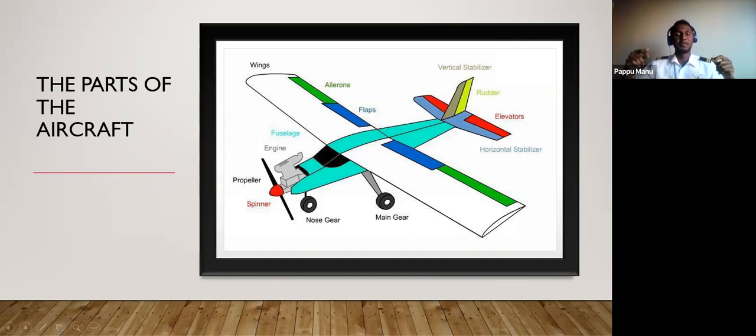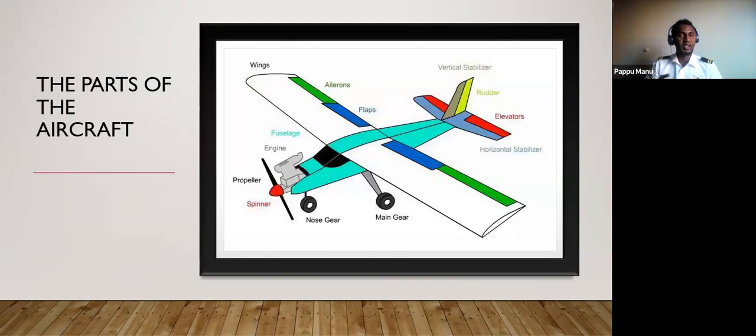After your flaps, you have your elevator and your rudder behind, and you have your horizontal stabilizer and your vertical stabilizer, which help keep your aircraft stable. Okay, the whole back section is known as your empennage.